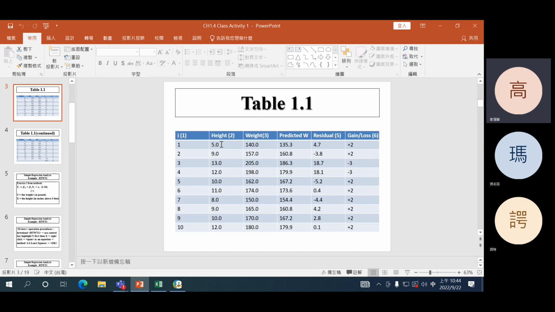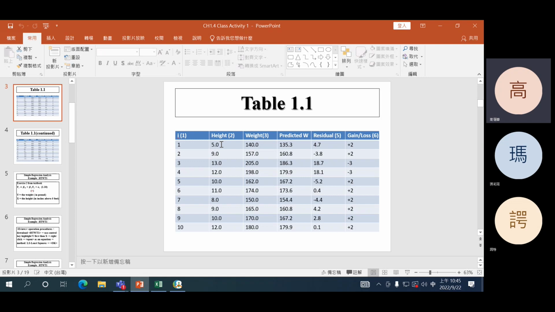But if it is beyond the certain range, then you lose $3, etc. This is the prediction of the weight according to the height above 5 feet, and they are randomly choosing 20%.